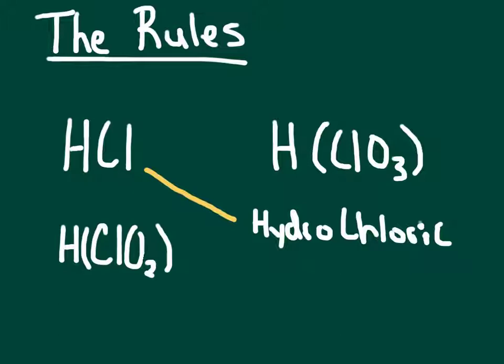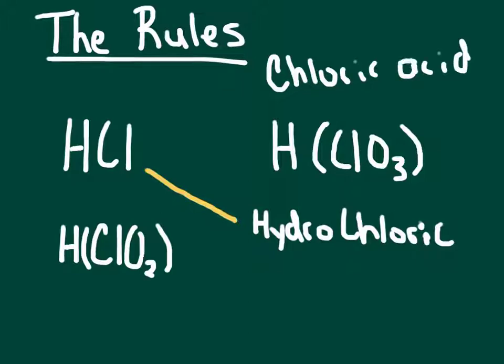So for this one, we're going to look at the top left here. This is an acid because it's got H, and then it's got a chlorate ion attached to it. So if the polyatomic ends with an ate, you change it to ic. You just take your polyatomic ion's name, chlorate, and you change it to chloric, and then you add the word acid. You do the same thing for hydrochloric as well.